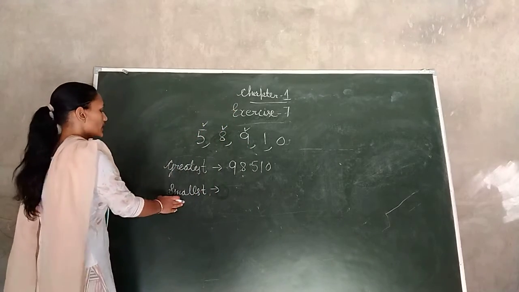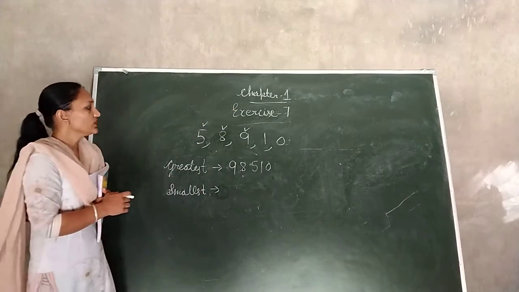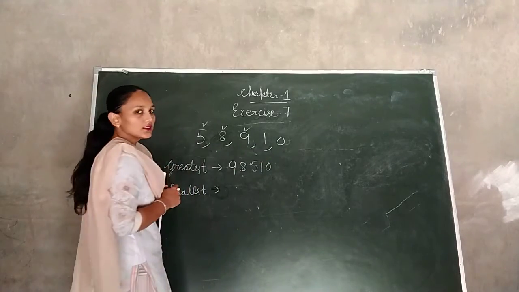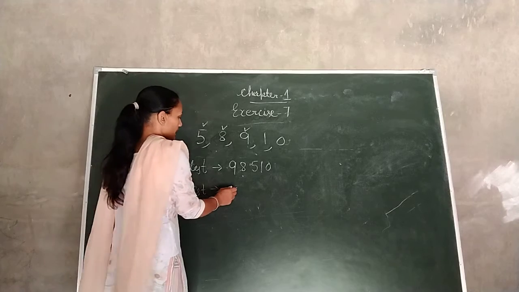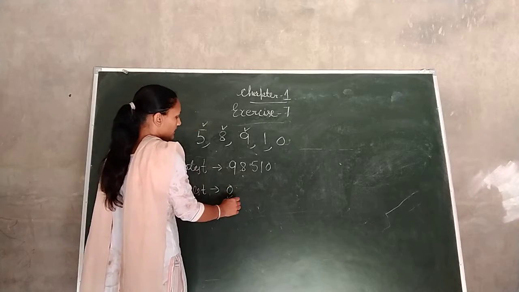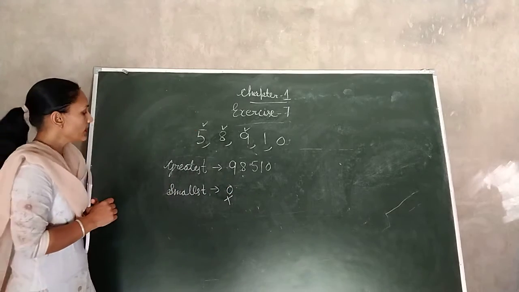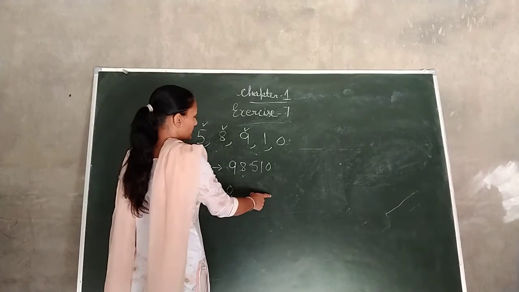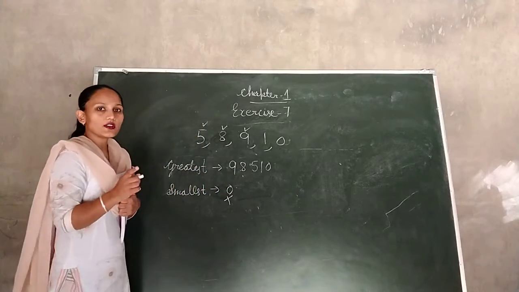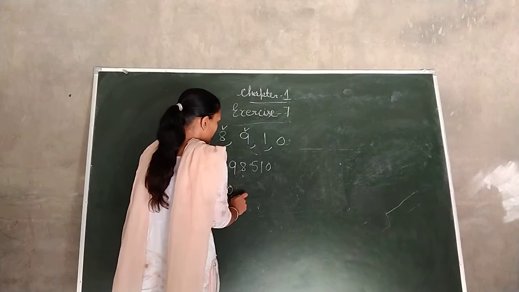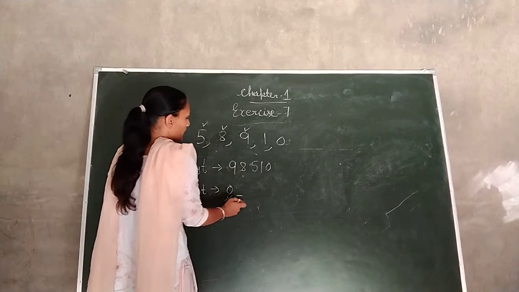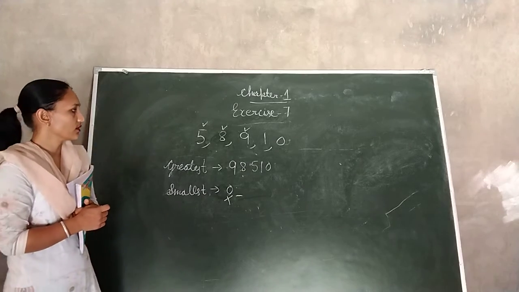But when we have to make the smallest number, which is the smallest digit among these digits? 0 is the smallest. But we will not write it as the starting digit, because if we write it as the starting digit, then this number is no longer a 5-digit number. So we will insert this 0 in the second place from the left.